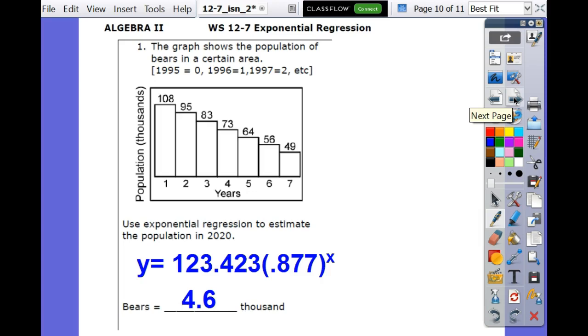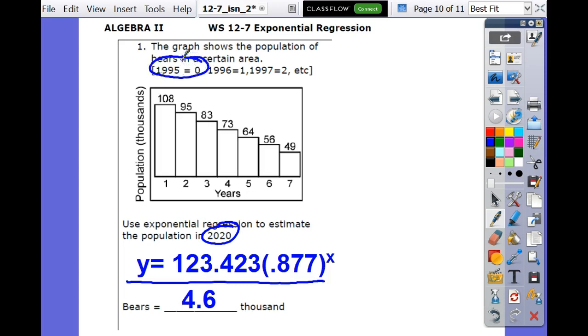So this is the equation. Would you please squeeze that in there in between the problem and this other answer? How did I get this other answer? This asks for the number of bears in 2020.